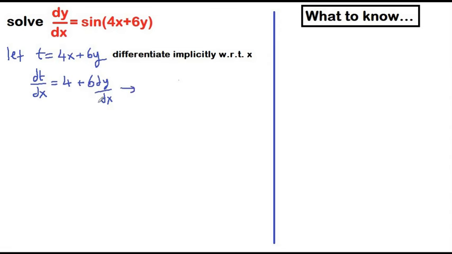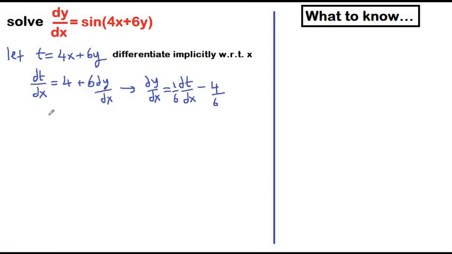Now here we can solve for dy/dx. So dy/dx is equal to, subtract 4 on both sides, so dt/dx minus 4, and divide everything by 6, so 1 over 6, 4 over 6.